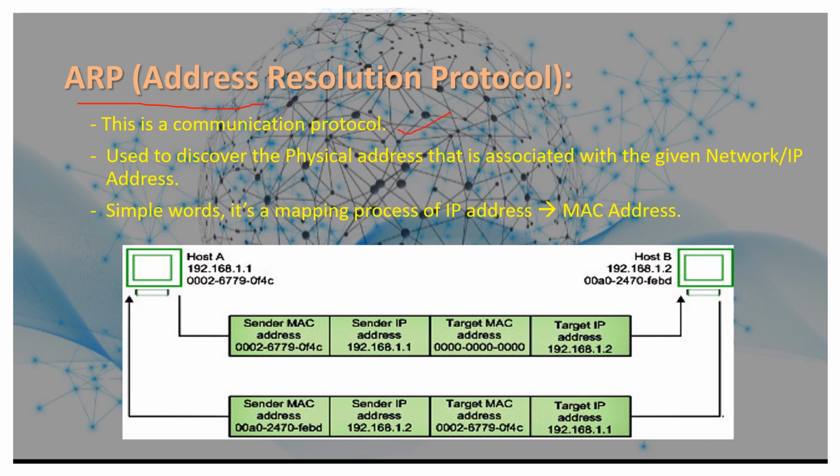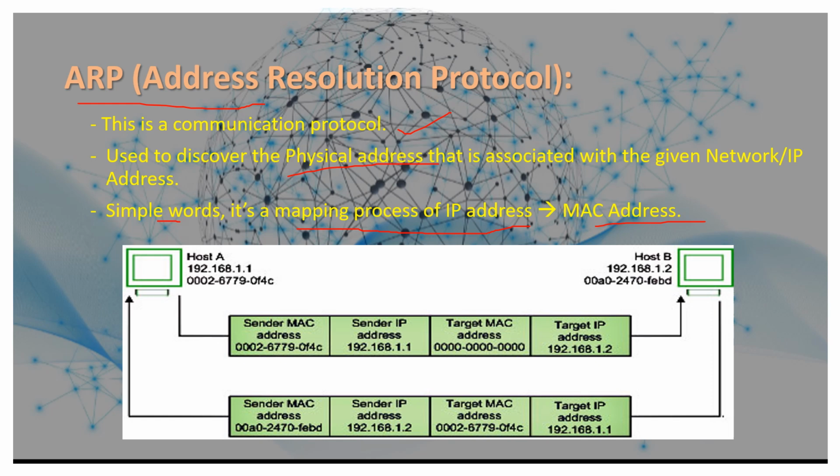What it is going to do is discover the MAC address, which is a physical address, and we can also call it by different names: Ethernet address, hardware address, which is a 48-bit address. In simple words, it is going to map the IP address to the MAC address.